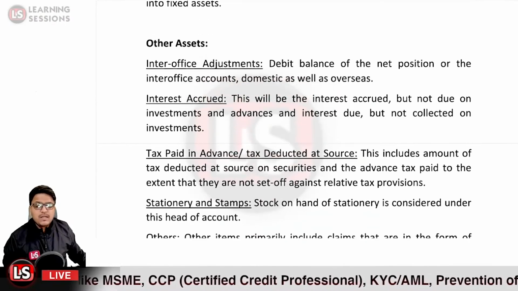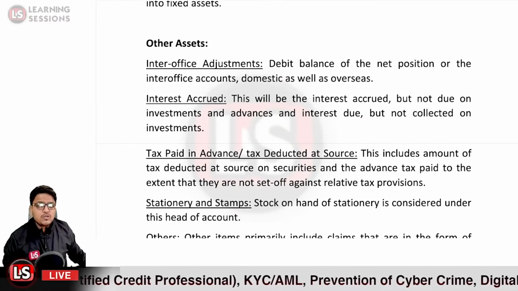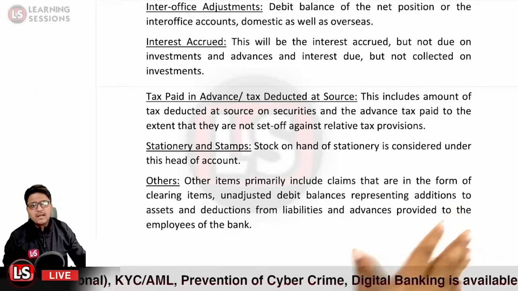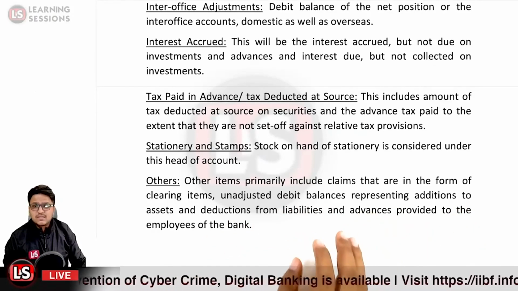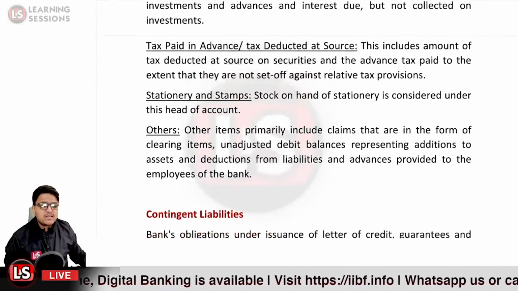Then stationery and stamps: if you have stamps in hand, that is also your asset. And others comprise clearing items, unadjusted debit balances representing additions to the assets, etc. So that is related to the different components of the assets and liabilities.